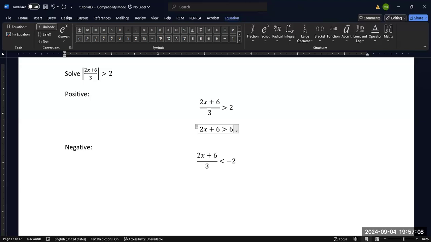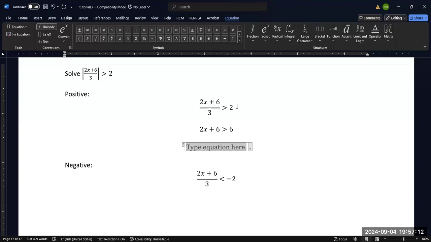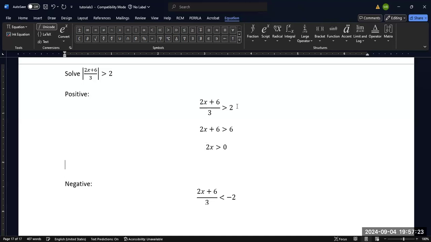I haven't multiplied by any negative numbers, so I don't have to change any inequalities. I'm going to subtract 6 from both sides of the equation. I'm going to get 2x is greater than 0 because 6 minus 6 is 0. This is perfectly fine. 0 divided by 2 is still 0. So on the one hand, I have x greater than 0.